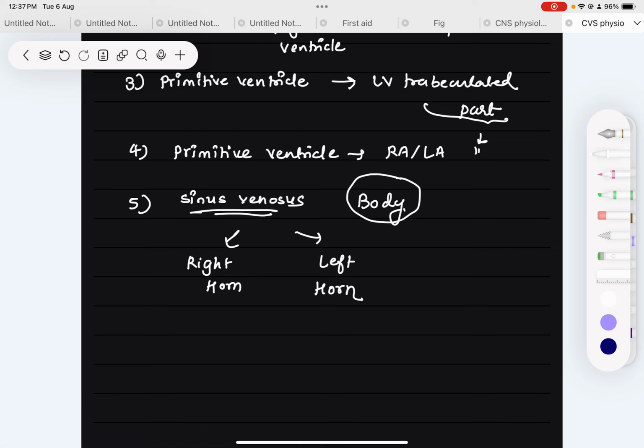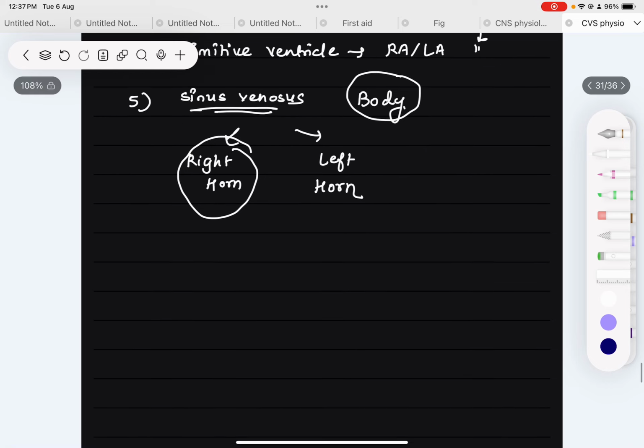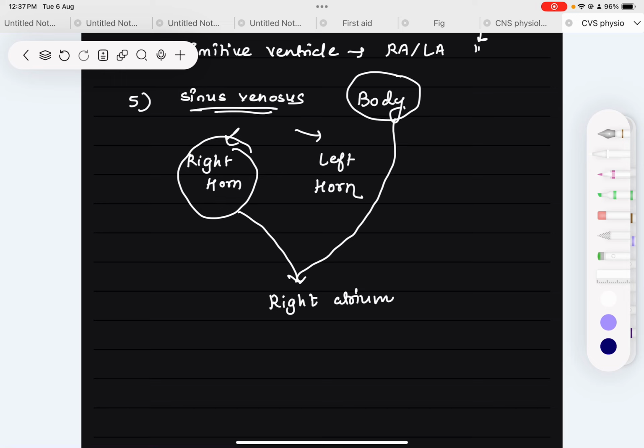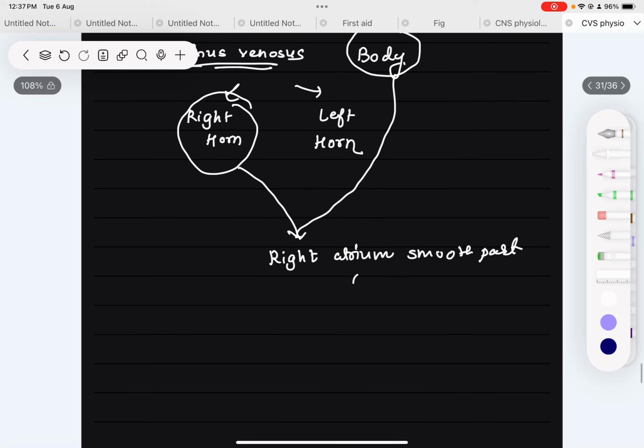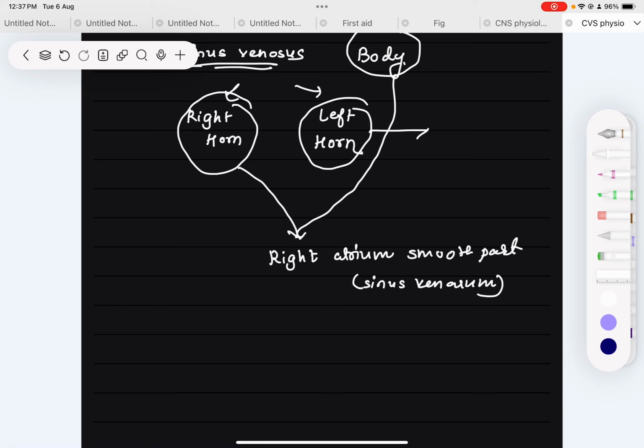This body plus the right horn, these two together will form the right atrium smooth part. This is also known as the sinus venarum. Now the left horn will form the coronary sinus.